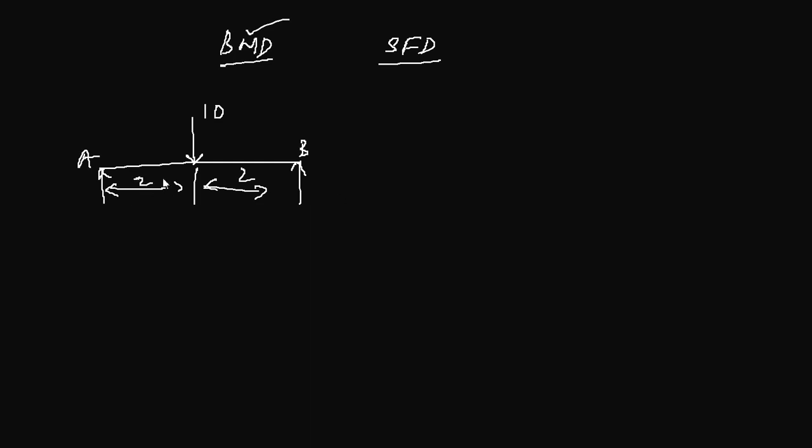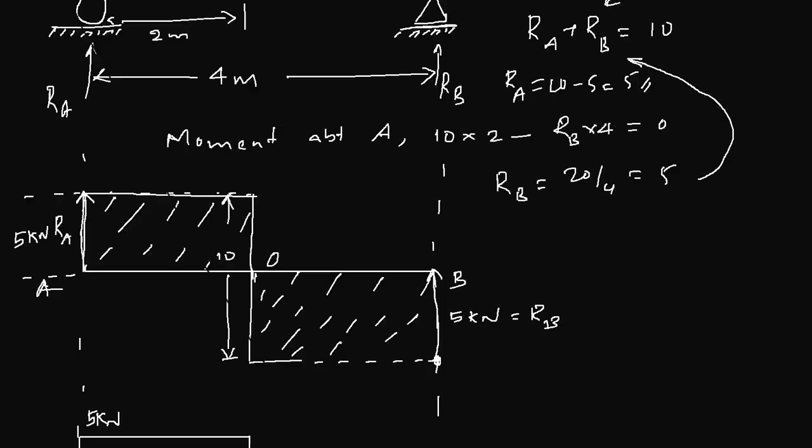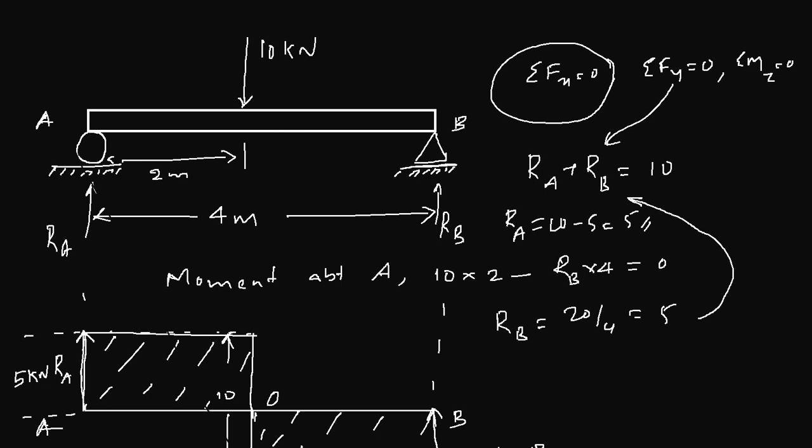We did discuss a similar problem to calculate and draw the shear force diagram, which I just show you here. So we had calculated the reactions at A and B for the applied load of 10 kilonewton. If you want to recollect, please go and view this video here.